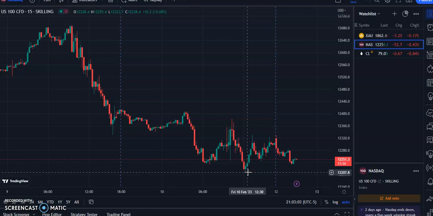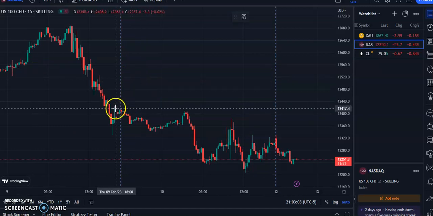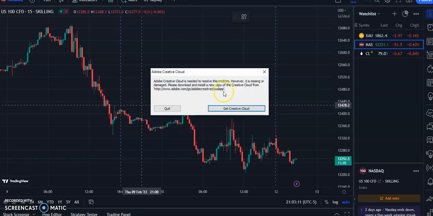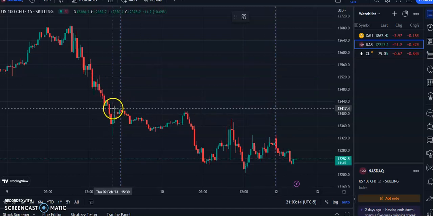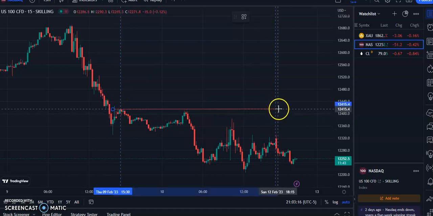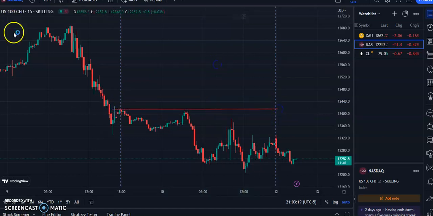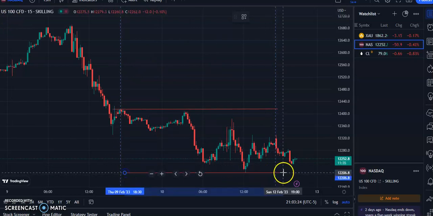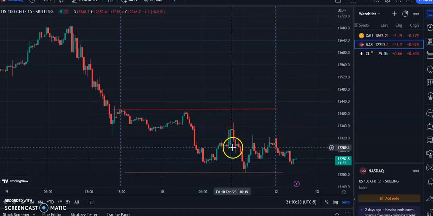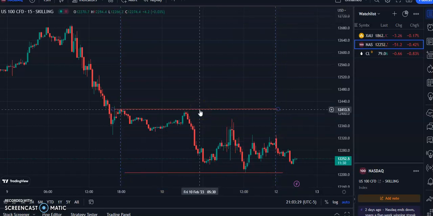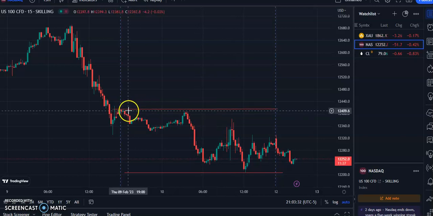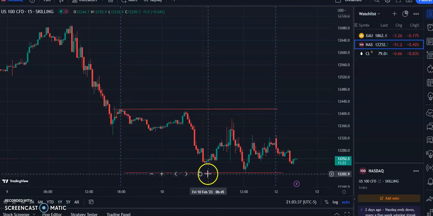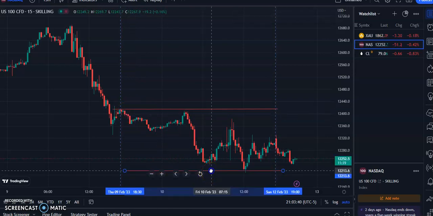Now, today we are just exploring the basics. We have our high of the day, and we have our low of the day. Okay? Now, let us use this day as an example. This is the high of the day according to the open. And say you are trading the New York session.